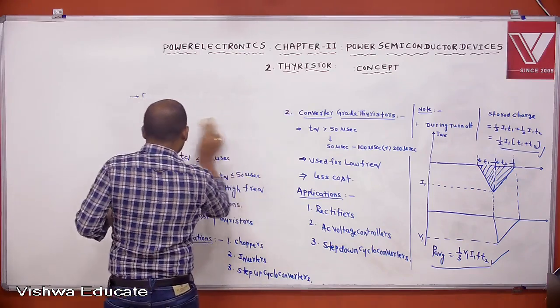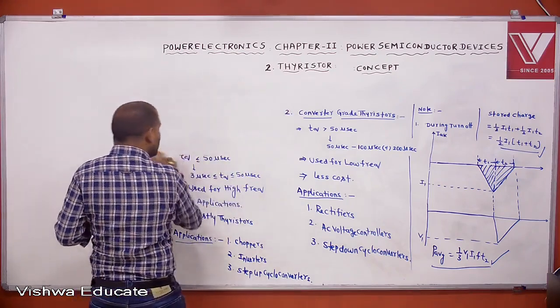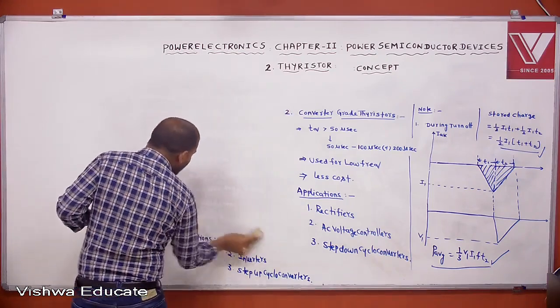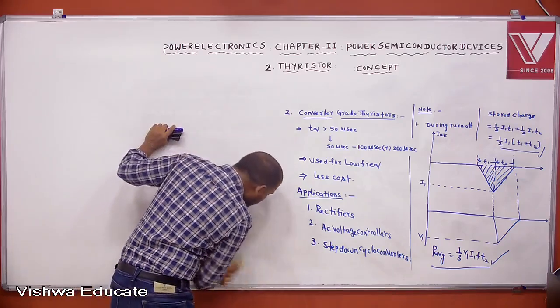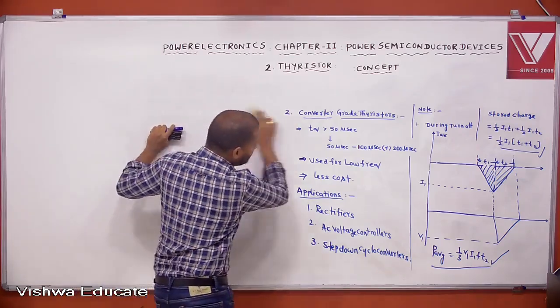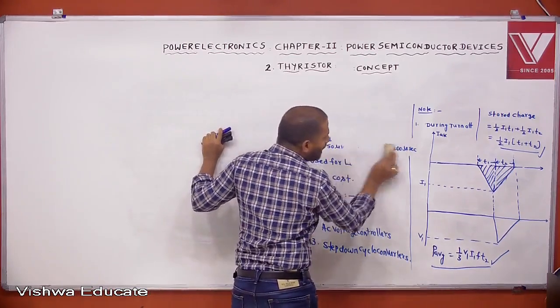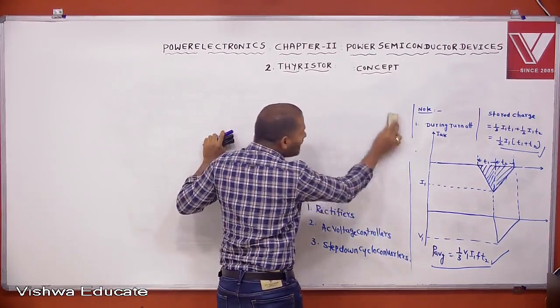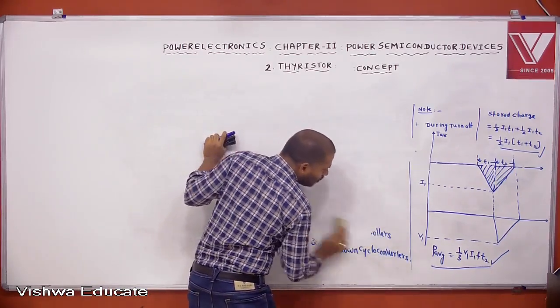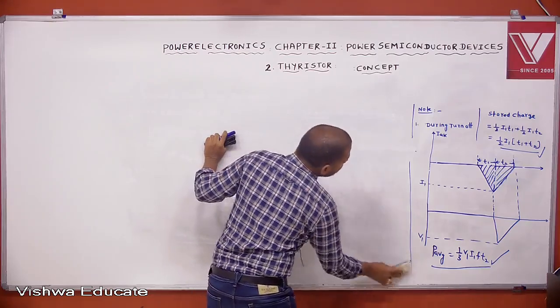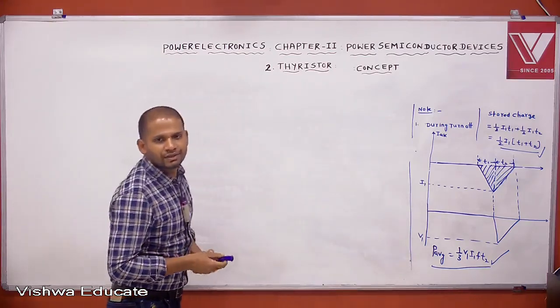I told that both turn-on and turn-off times depend on junction capacitance. Under forward blocking mode, the thyristor is equivalent to one capacitance.